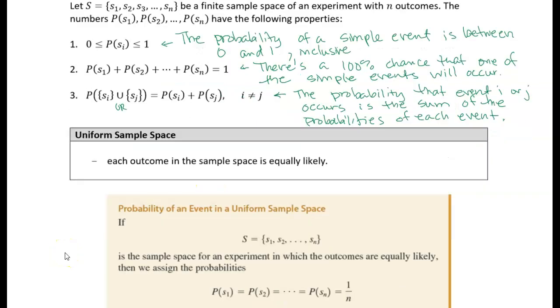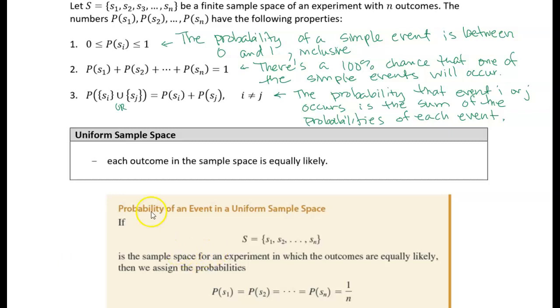Our coin tossing experiment was a good example of that. We had two outcomes and they're both equally likely. Rolling a die is another example of a uniform sample space. When you roll a die, you're either going to get a 1 or a 2 or a 3 or a 4 or a 5 or a 6, and each one of those is equally likely.